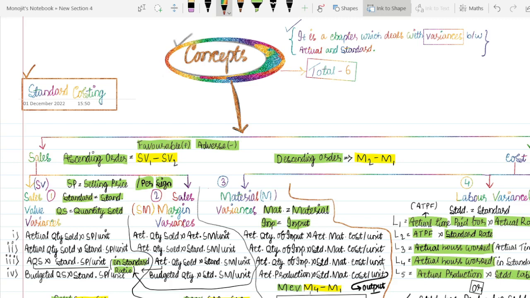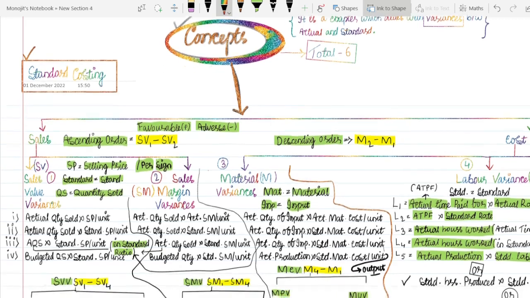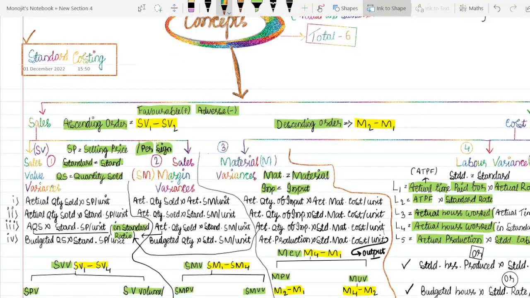In concept, there are two parts. One is sales and another one is cost. In sales there are two divisions: one is sales value variances and sales margin variances.